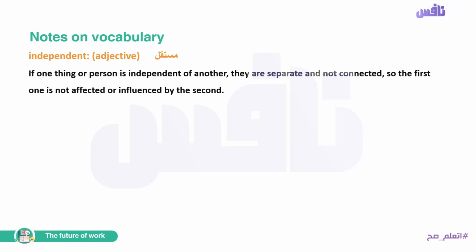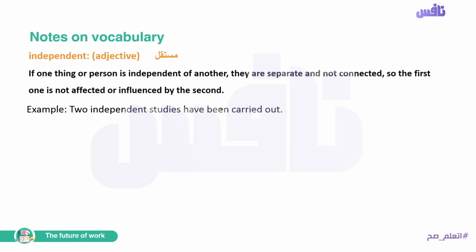So the first one is not affected or influenced by the second. والأولاني لا يتأثر بالتاني أو الاثنين ما بيعملوش أي influence على بعض. كل واحد مستقل يعني. For example بيقول لنا two independent studies have been carried out.